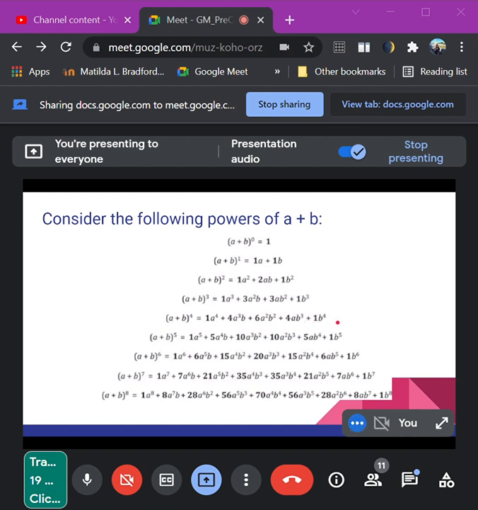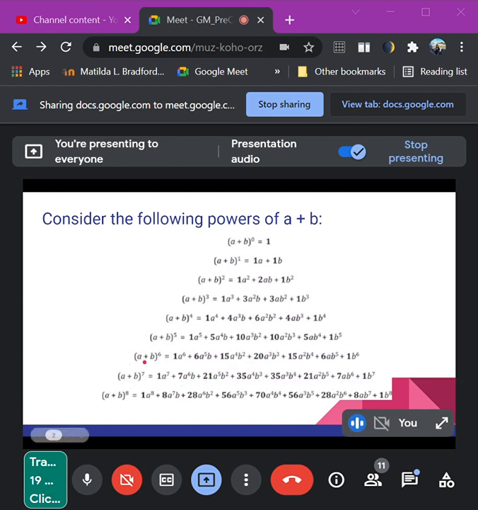And then for our A plus B raised to the power of 5, we have A raised to the power of 5 plus 5A raised to the power of 4 B plus 10A cubed B squared plus 10A squared B cubed plus 5AB raised to the power of 4 plus 1B raised to the power of 5.